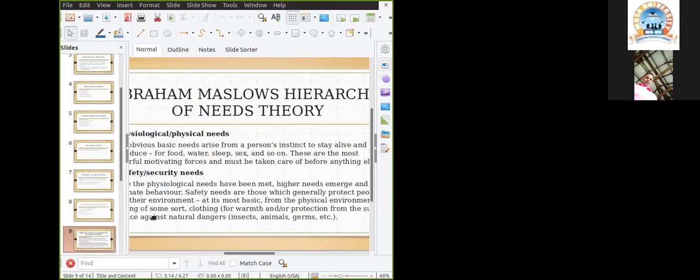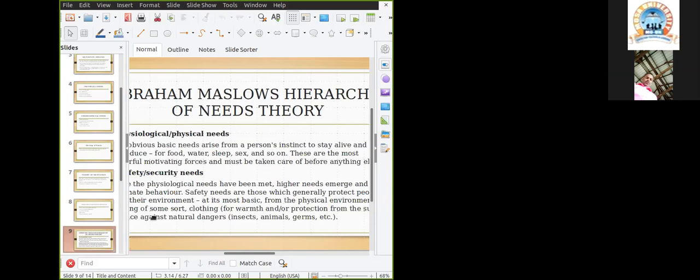The first one, food. Any person, before you can worry about anything, surely your basic need may be food. In other words, if you don't eat, then you don't meet a basic need. Second one, water.